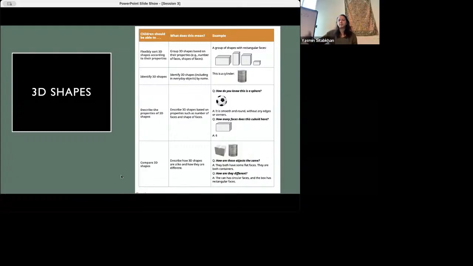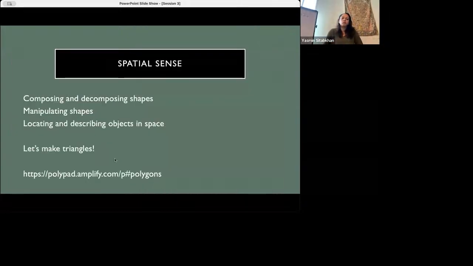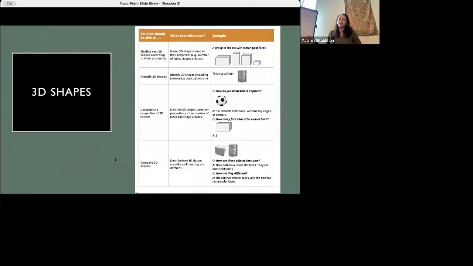So very similar trajectories with 2D shapes and 3D shapes. So now we're going to move to spatial sense. Does anyone have any questions about 2D and 3D shapes before we move to spatial sense?